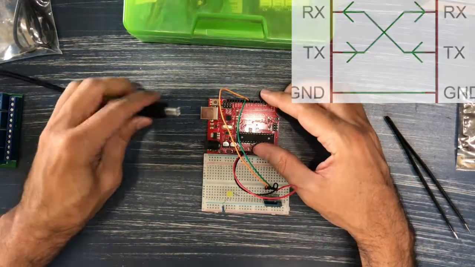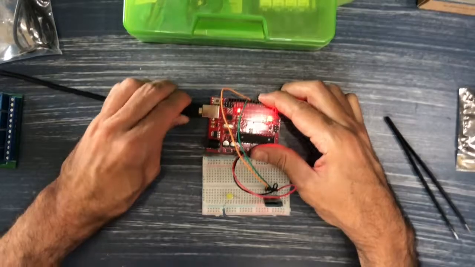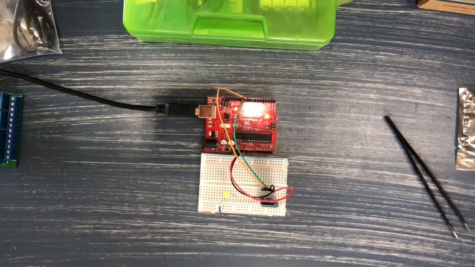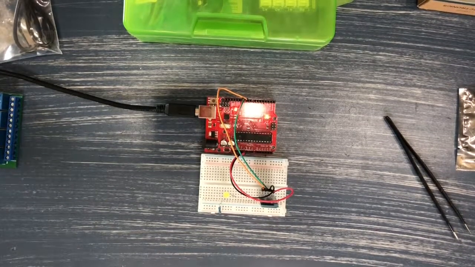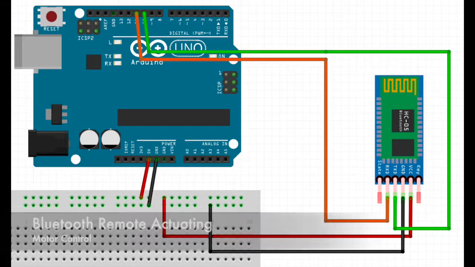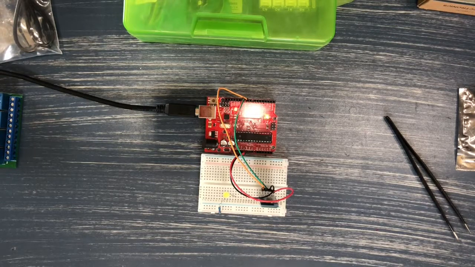They're shared. Okay, so once that's done, let's go ahead and plug in the USB cable, and we see the module has power and it blinks very fast, which means it's ready to pair. So this is what the connection looks like, and you can pause this and come back to look at the wiring diagram. So this is what we end up with.